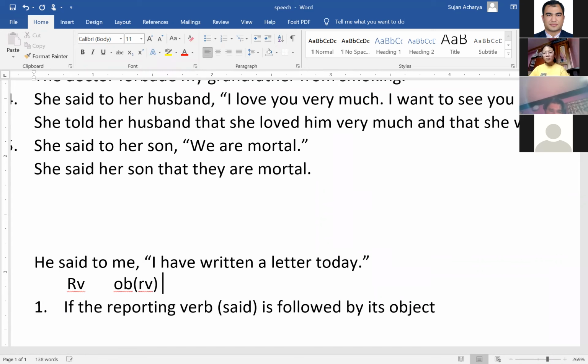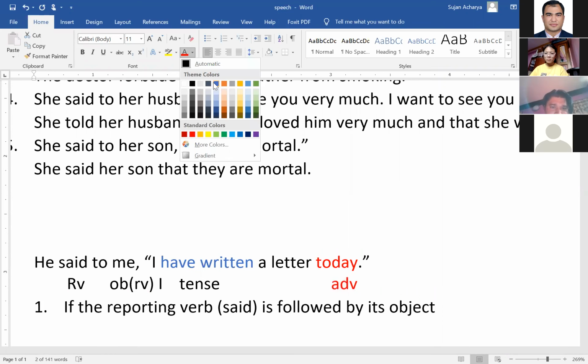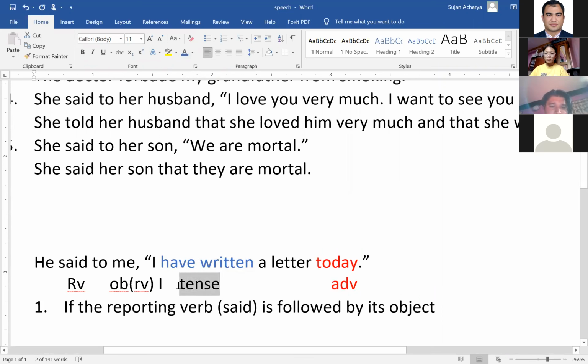And then yesterday I told you to look at the pronoun. I is the pronoun. And then the tense of the sentence, and then the adverb. This is the adverb. You have to look at the tense of the sentence while changing direct to indirect.